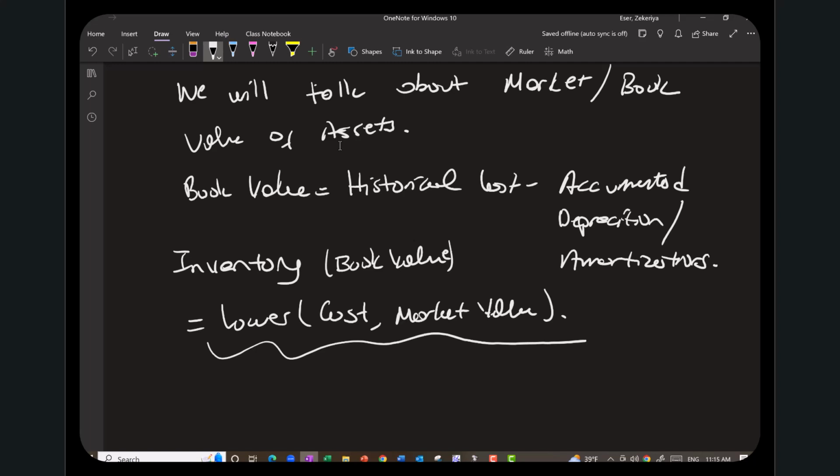The reason that's even an issue is there are different methods you can use to calculate the value of the inventory. The LIFO, last in, first out. You produce 1 million of these units. Right now you have 100,000 in your inventory.